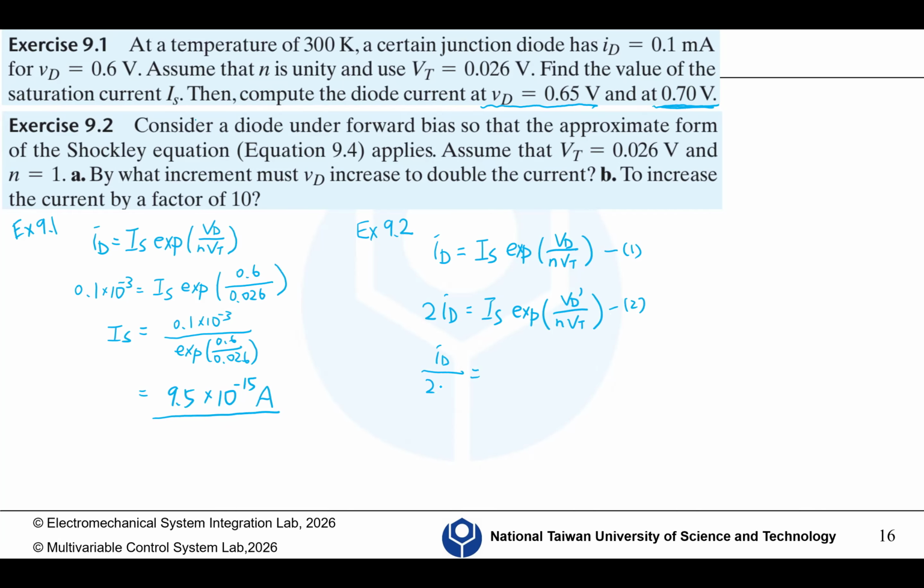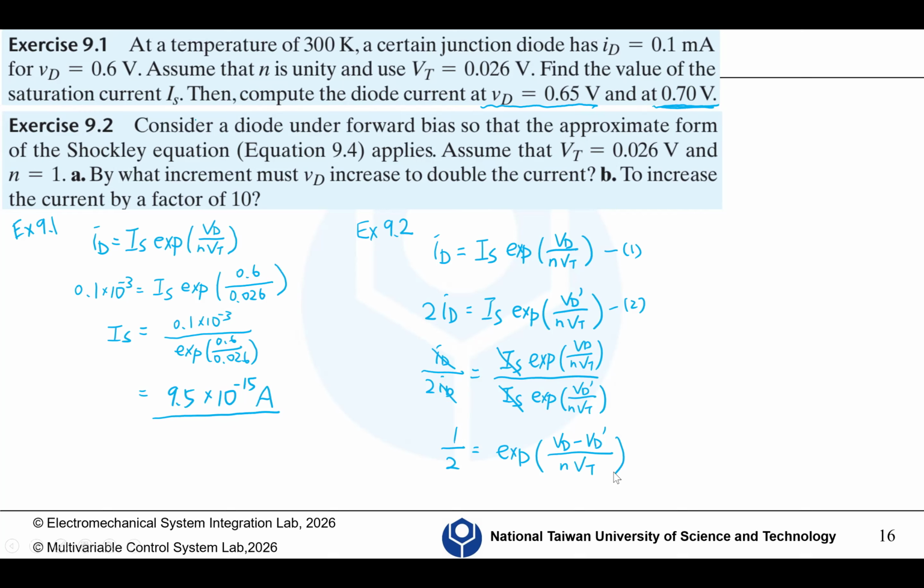So this is 2ID equals IS exponential VD over nVT, and this is IS exponential VD prime over nVT. So cross, cross, cross, cross. And so we have 1 over 2 equals exponential, this will be VD minus VD prime divided by nVT.